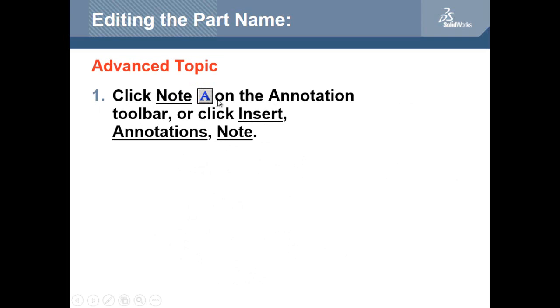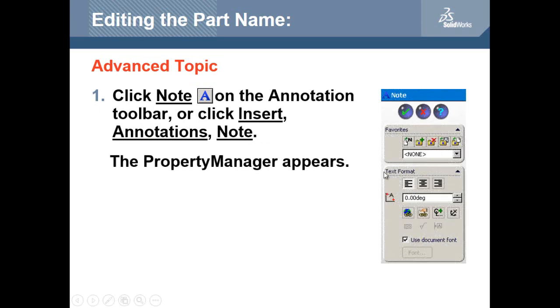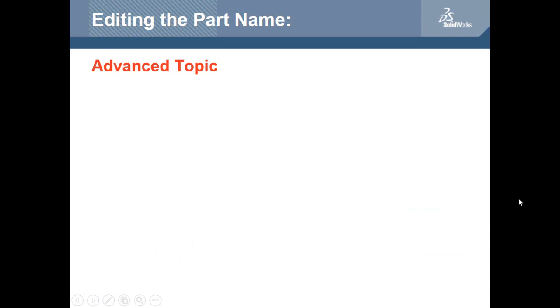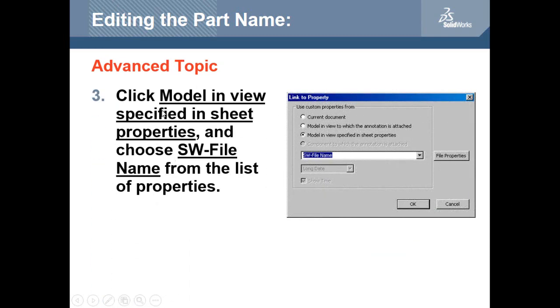Click InOut on the annotation toolbar or click Insert Annotations Note. The Property Manager appears. Ooh, look at that. Click the Link to Property button. Click Model and View, specified in Sheet Properties, and choose SW File Name from the list of properties.